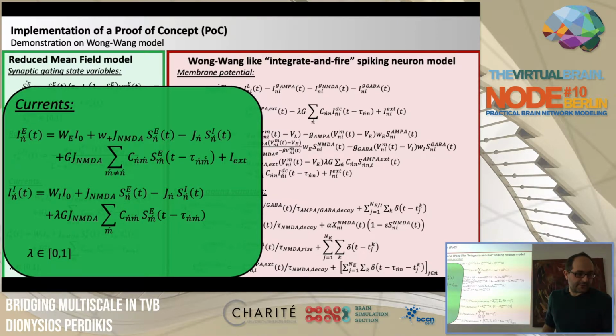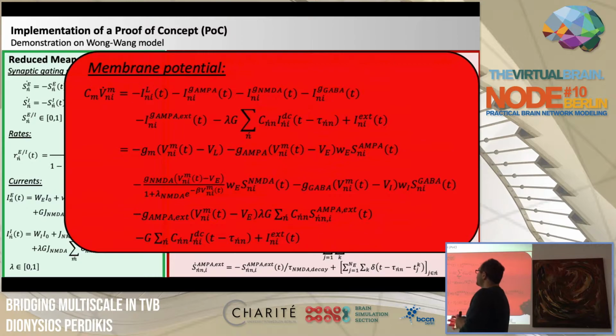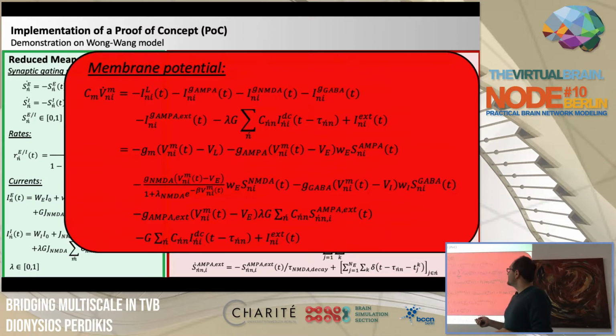This model is an approximation of a spiking network that follows the equations you're going to see now. It is an integrate and fire neuron. That means that the main state variable is the membrane potential, which receives a series of currents from different synapses.